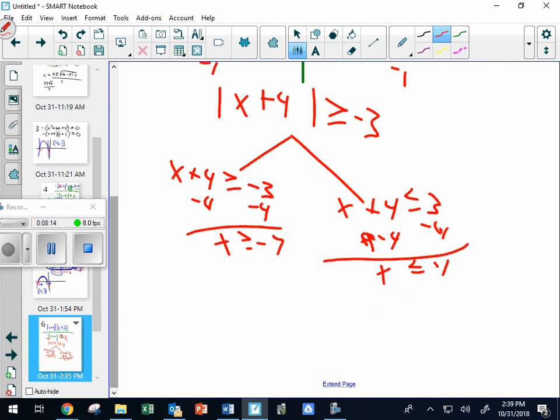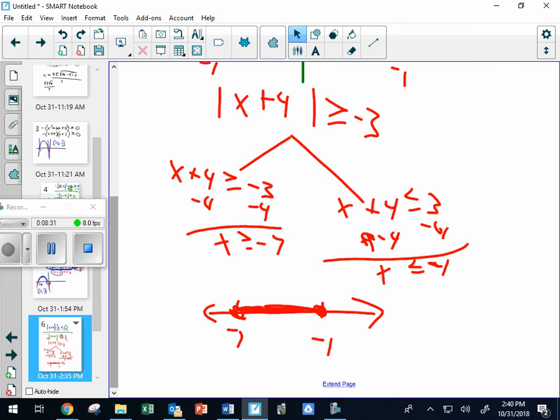If I put it all together on a number line, it really sometimes helps to clarify what's going on. Oops, not that kind of number line. This kind of number line. -7, -1. Bigger than or equal to -7, less than or equal to -1. There we go. There's your answer.